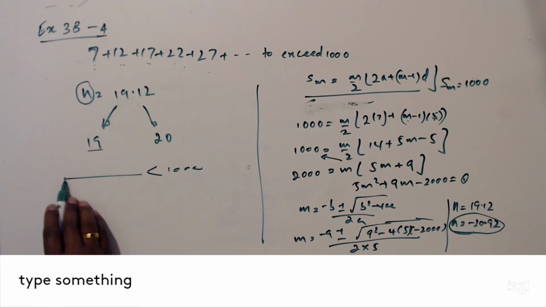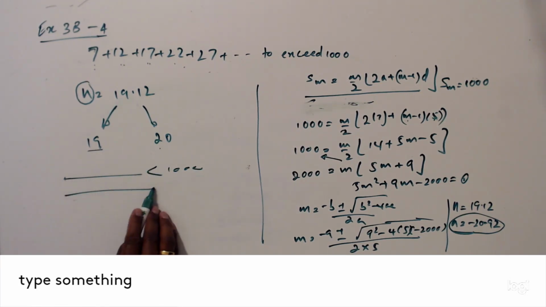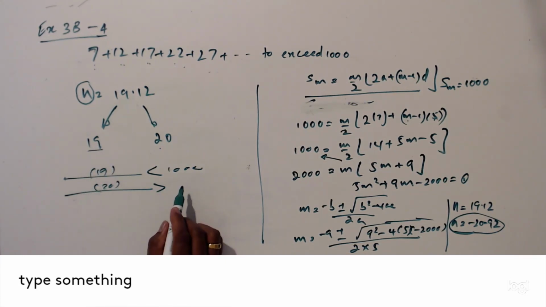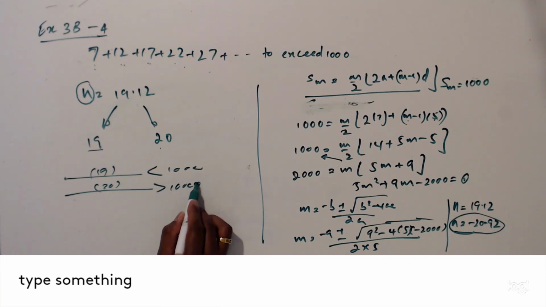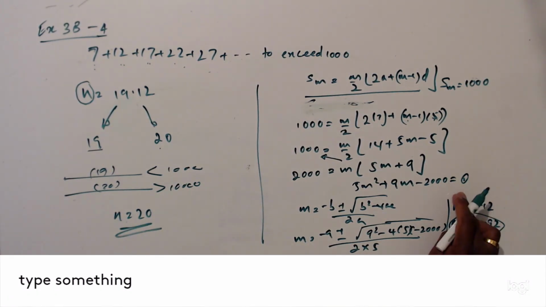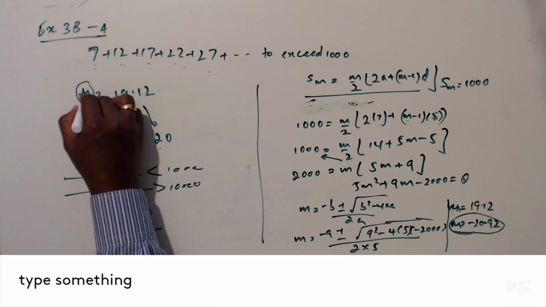If you take the sum of 20 terms, it is greater than 1000. Hence the least number of terms required is 20. Actually, this is m, because this is m and m.